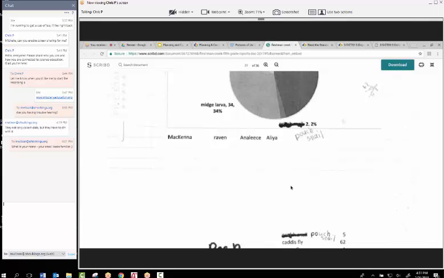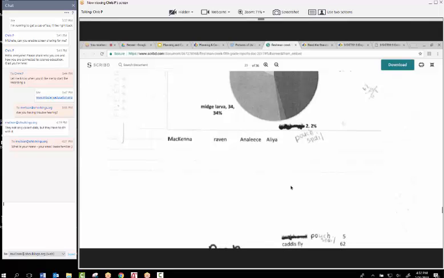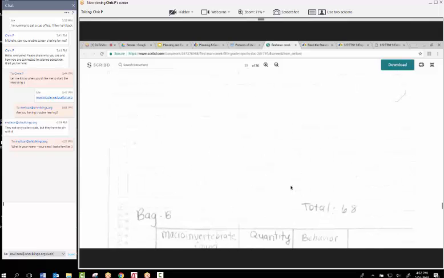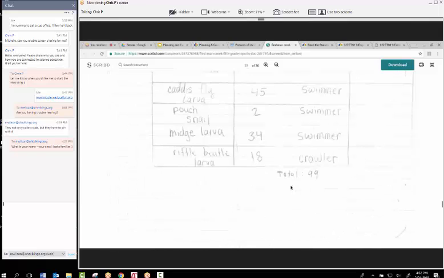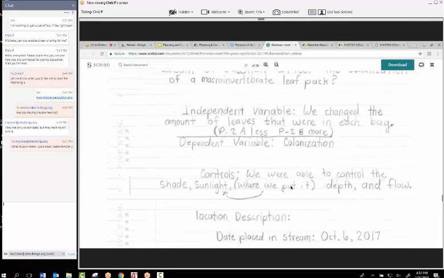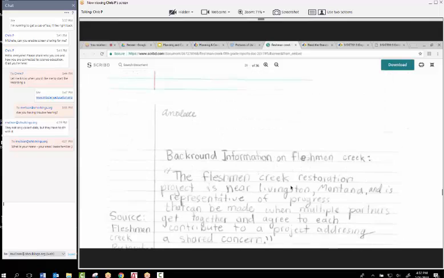And so from every group we put that together and then used that, because we have indicator species in macroinvertebrates that indicate healthy waterways and that aren't very tolerant to pollution. And so our biotic index indicated that the stream was really healthy, which is great.